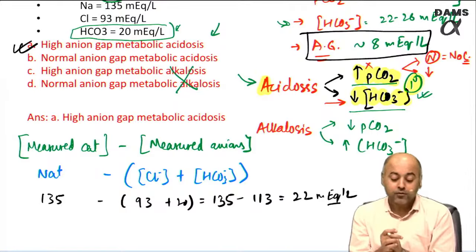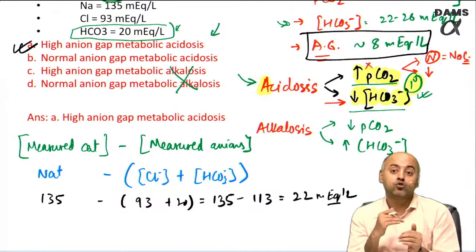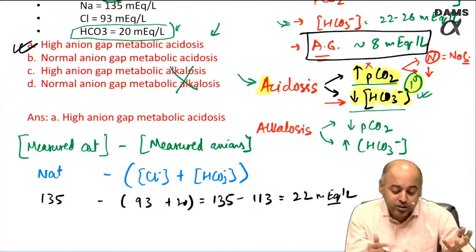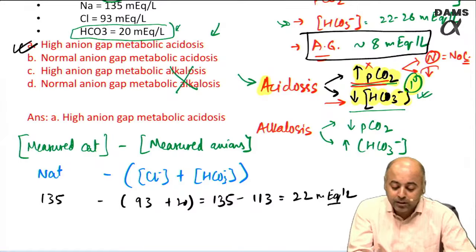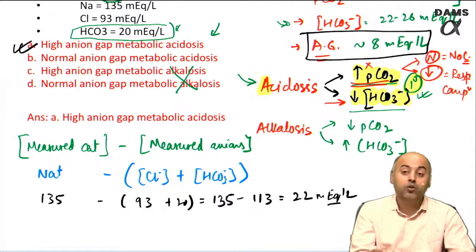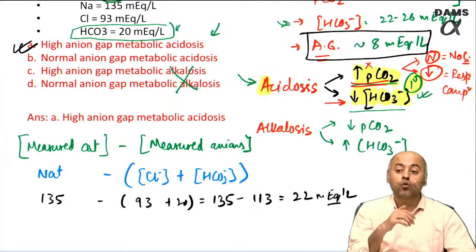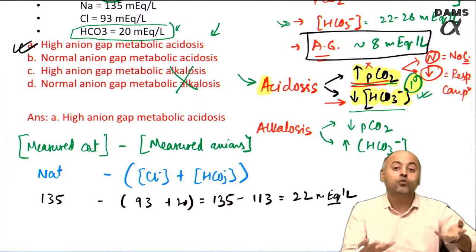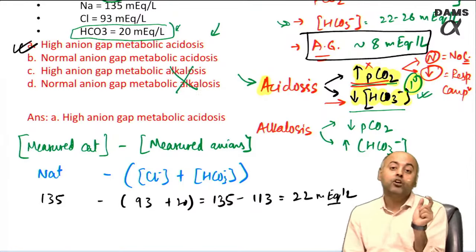However, if the value of the second parameter goes opposite to what you expected, PCO2 expected to be high but here it is less, then this is the respiratory compensation. When the value goes opposite to what you expected, there is a component of compensation.